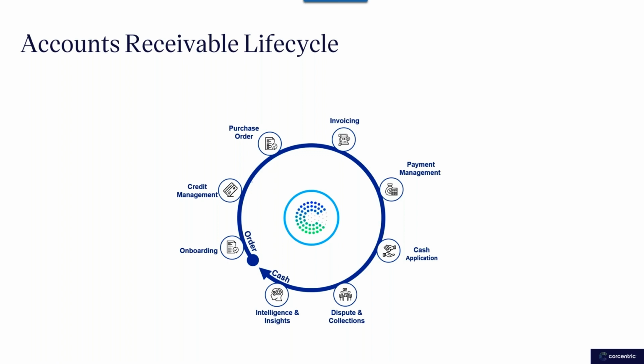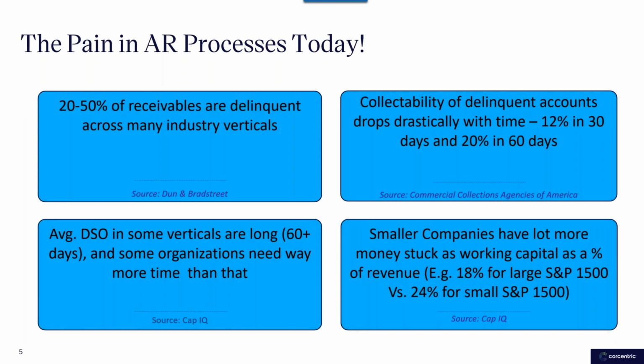And there's lots of data that suggests why companies have different challenges, right? So here's just a snapshot of different metrics that are out there. So 20 to 50% of receivables in companies across the world are delinquent across many industry verticals, right?